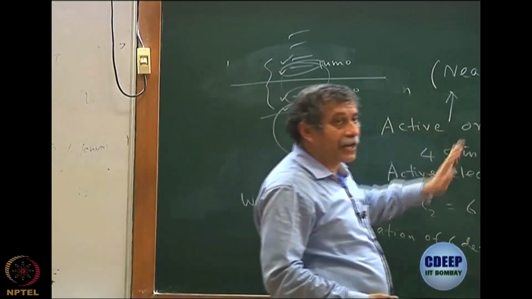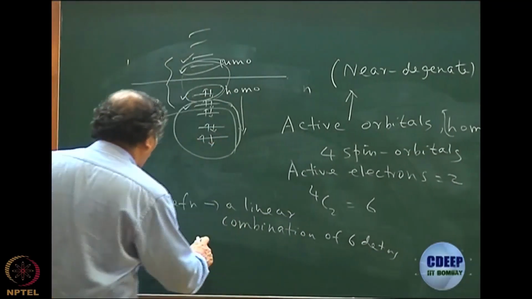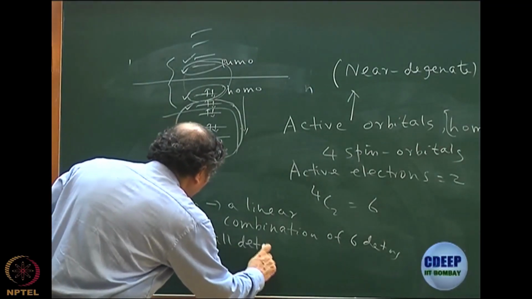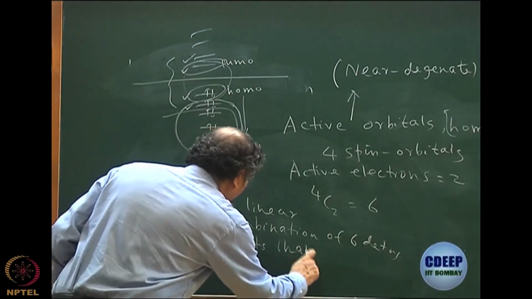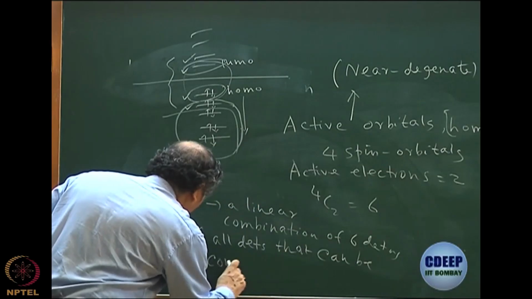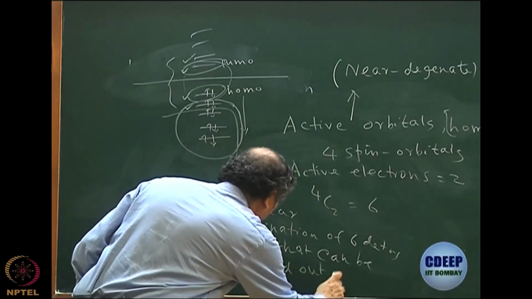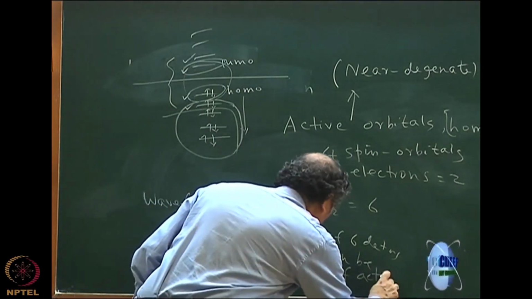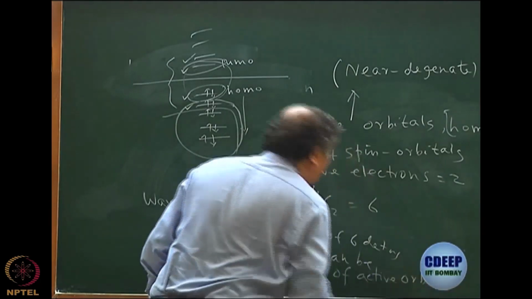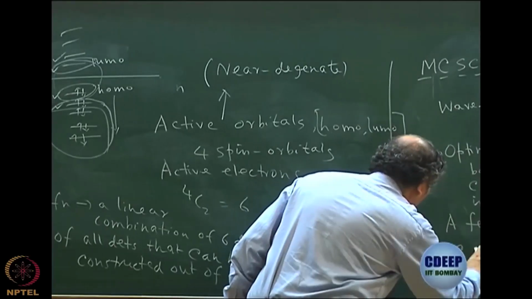But having chosen the active orbitals, if you make a wave function which is a linear combination of all determinants that can be constructed out of the active orbitals, then it is complete. Such a method is called CASSCF.